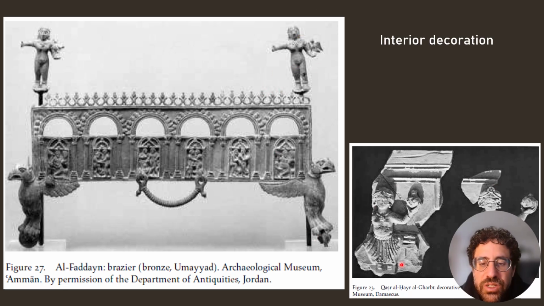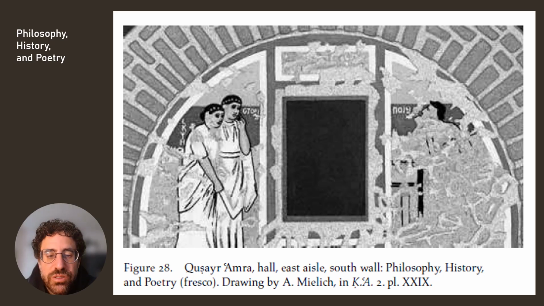And there are pieces of stucco decoration, which repeats the same type of motifs, not in metal, but in stucco. The most interesting parts, though, is that there is a series of frescoes which depict essentially classical themes, right? So philosophy, history, and poetry having a discussion, embodied as muses having a discussion in this place.